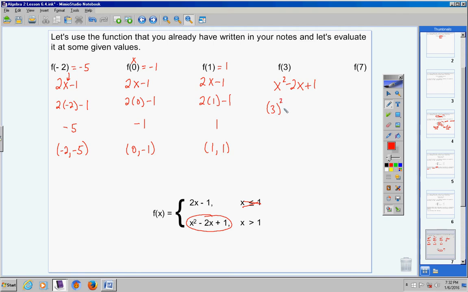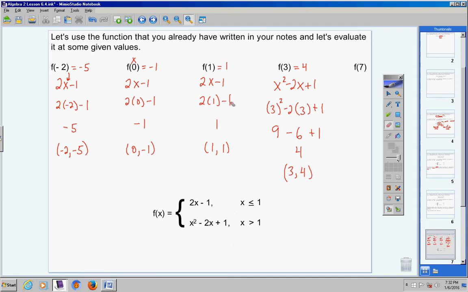I would always use parentheses, students, if I were you, when it comes to making substitutions for variables. 3 times 3 is 9. Negative 2 times 3 is negative 6. Bring down your positive 1. If you simplify, you'll get 4. So f of 3 equals 4. Or you could just say 3 comma 4 would be acceptable. Alright? Okay, let's move on. Aren't these simple, guys? I hope you find this simple.